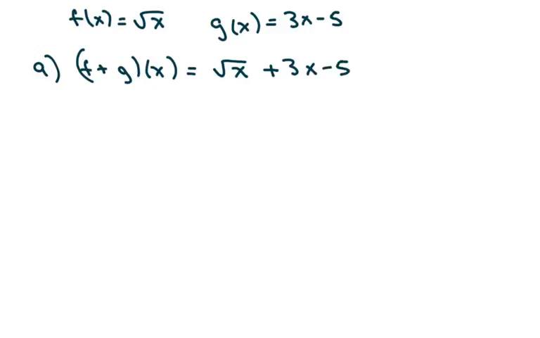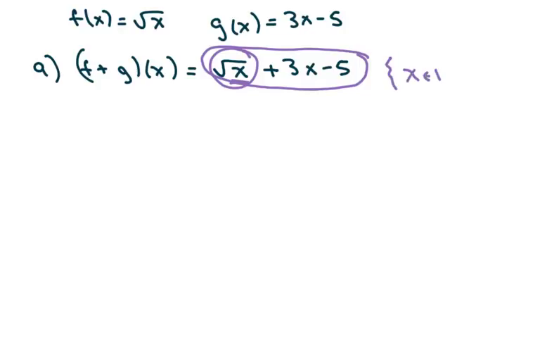Now in this one we have to worry about this piece right here. So since this is all together, we know for this one x has to be greater than or equal to 0. So our domain is all real numbers, however, such that x has to be greater than or equal to 0. Okay? Because you have to consider this when you put them together.